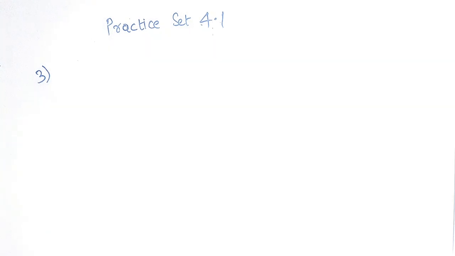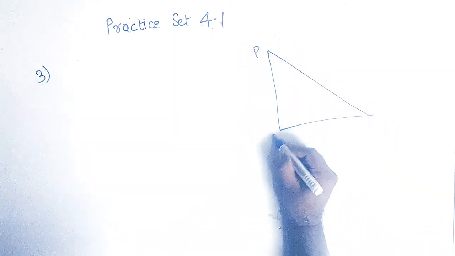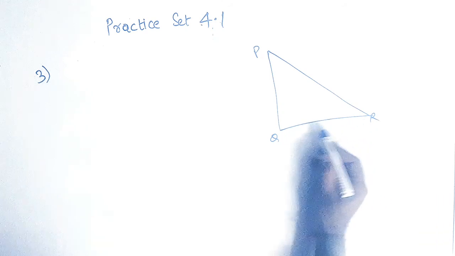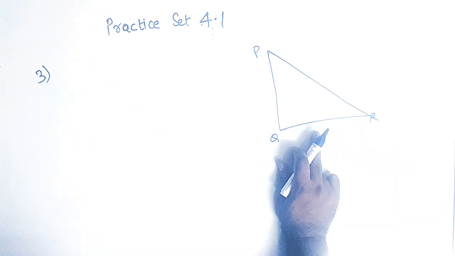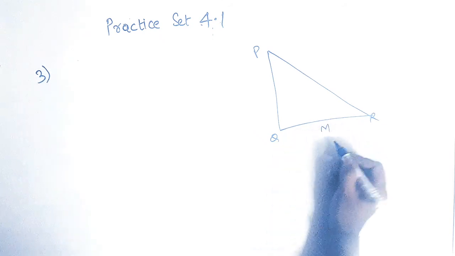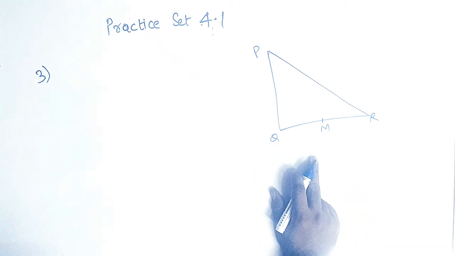Before we start sum number 3, we have to understand first what a median is. Suppose I give you a triangle PQR. We have to find the midpoint of this side. Suppose I found the midpoint of this side, let us say M. There is a way of finding the midpoint that I'll show you afterwards.